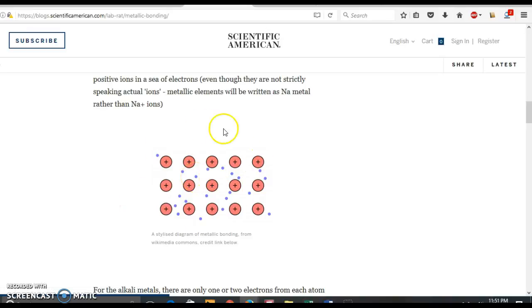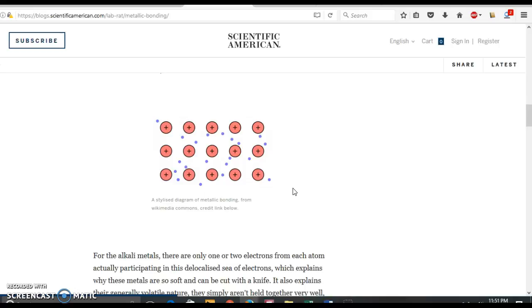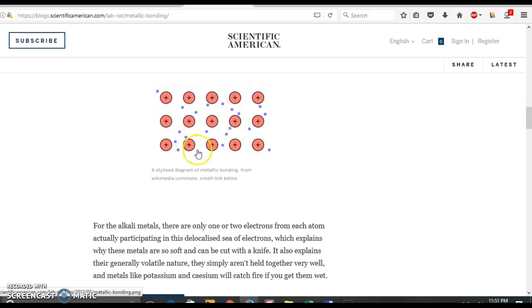So due to these free electrons, metals obtain a large number of very useful properties. This model is called the electron sea model. Remember the name because it's the name of this model. Using that model, we can explain properties such as malleability, electrical conductance, and heat conductance of metals.